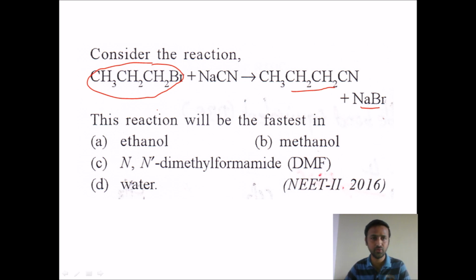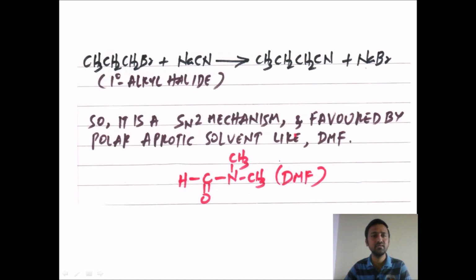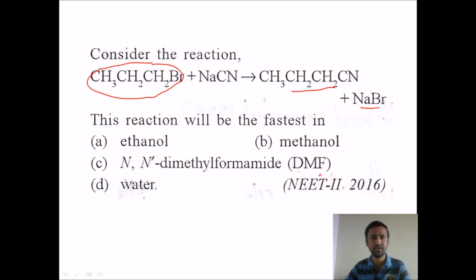And we already know primary alkyl halides undergo substitution by the SN2 mechanism. So first we need to identify which type of mechanism the reaction is undergoing. It is undergoing reaction by SN2 because it is a primary alkyl halide. And if it is SN2, you know the solvent type. SN1 is favored by polar protic solvents, and SN2 is favored by polar aprotic solvents.